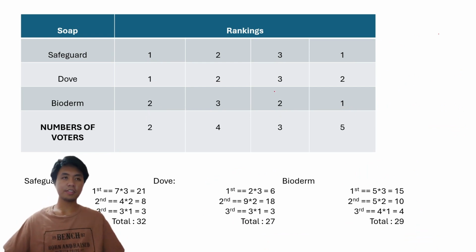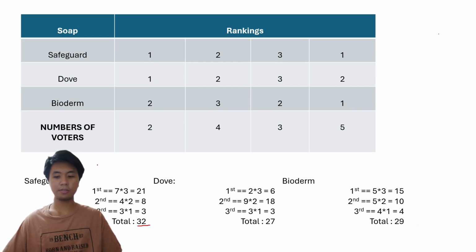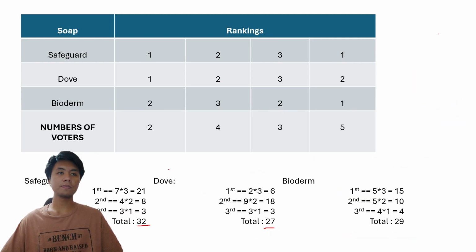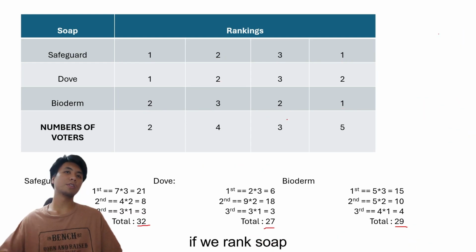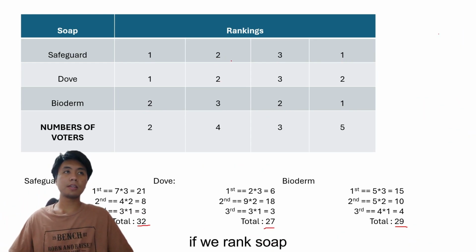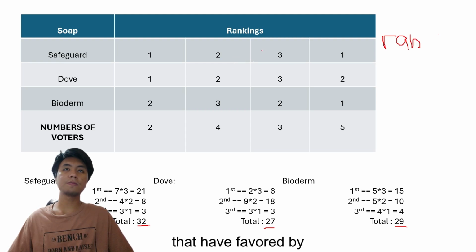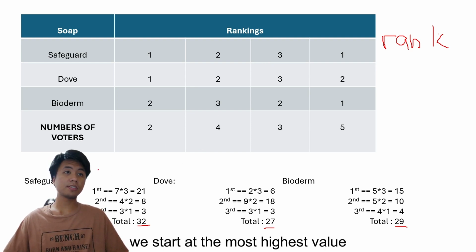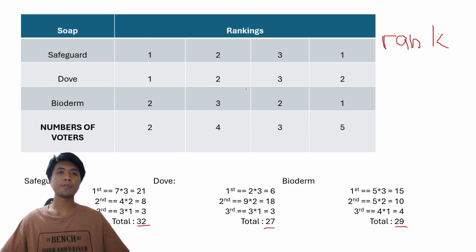Now, Safeguard has a total of 32, Dove is 27, and Bioderm is 29. If we rank the soaps favored by the voters, the highest value is 32, which is Safeguard.